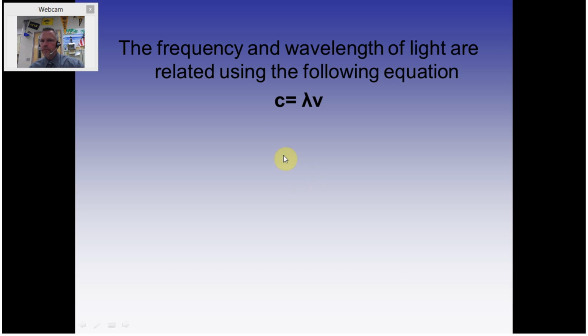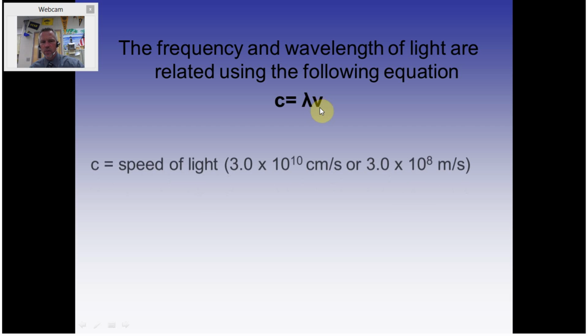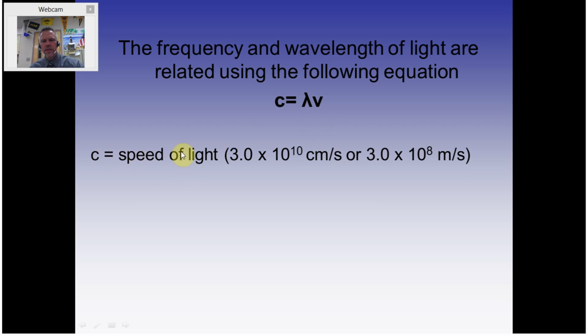All right, so there's an equation that relates the frequency and the wavelength of light to the speed of light, which is here: c equals lambda times nu. This looks like a v, but don't be confused, it's the Greek letter nu. All right, so c stands for the speed of light, and that's a constant, of course, and it's 3 times 10 to the 10th centimeters per second.